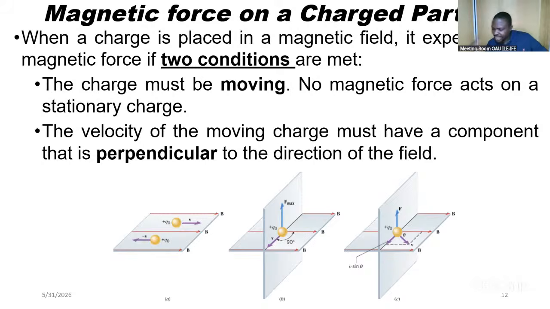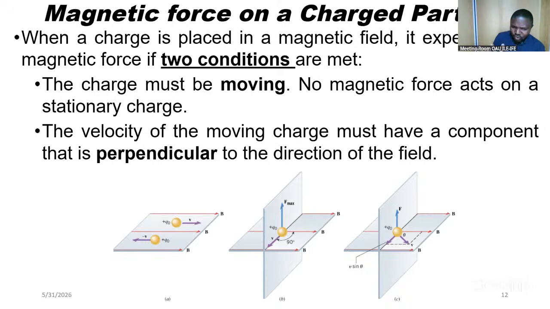The first one, it must be moving. I said it cannot occur in a stationary state. So the charge must be moving. No magnetic force acts on a stationary charge. And the second one is that the velocity of the moving charge must have a component that is perpendicular to the direction of the field.